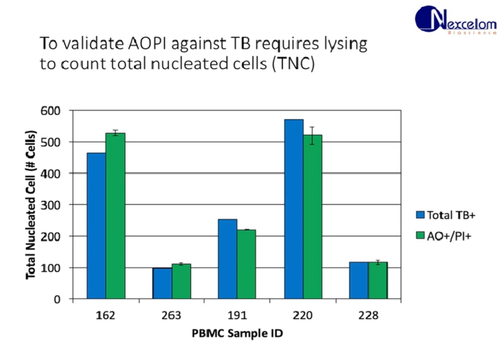So we had to lyse the sample and stain with methylene blue or crystal violet. Then we can do a total nucleated cell count using a hemacytometer and microscope, at the same time comparing to AO and PI positive cells, which show that they're very comparable. That validated the AOPI method.